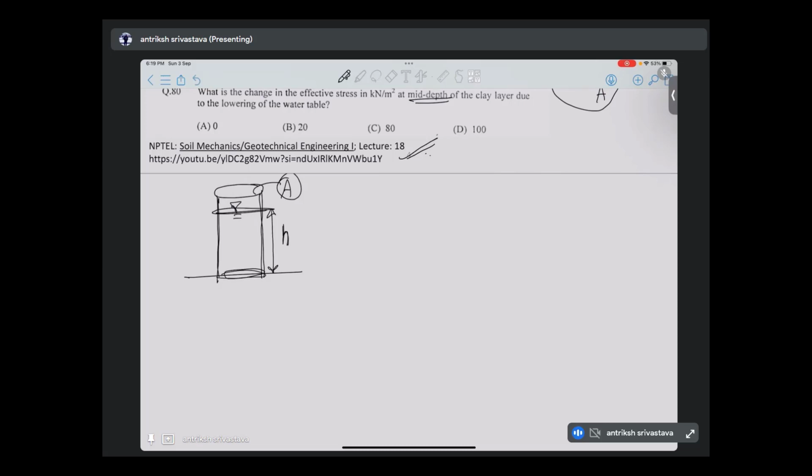And this is area A at the bottom also. So what is the weight of water? Weight of water is going to be density of water into gravity into the volume. Volume is area A into height. Is this clear?